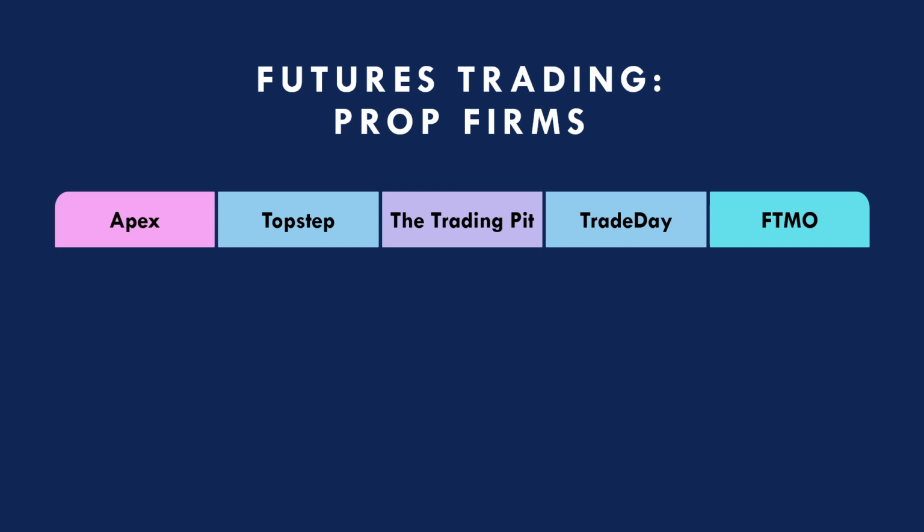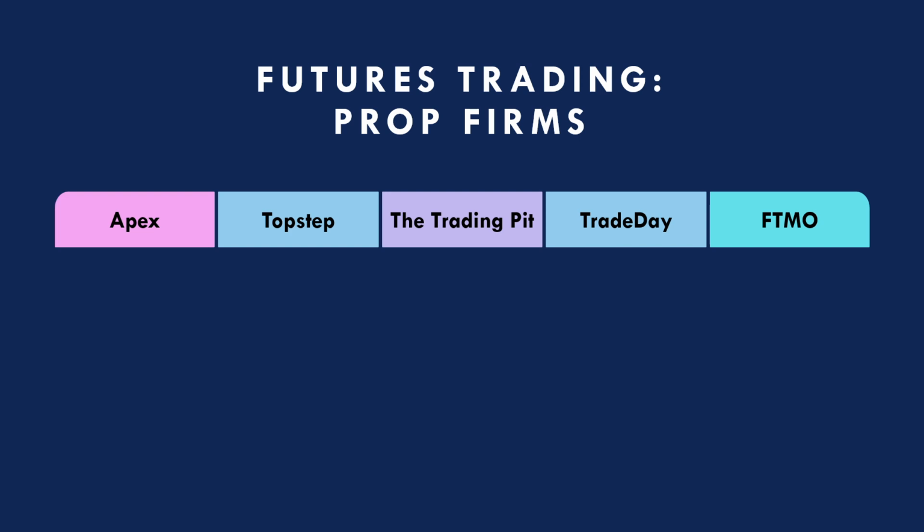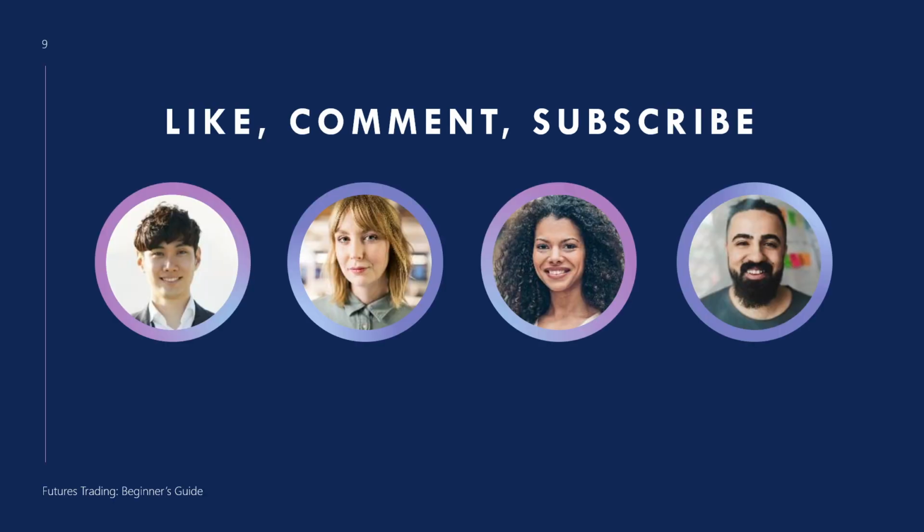Guys, so a lot of people, instead of going on a regulated broker and trading their own cash, are going for the prop firm route. If you're interested in going with the prop firm route, these are some of the companies which offer prop firm services.